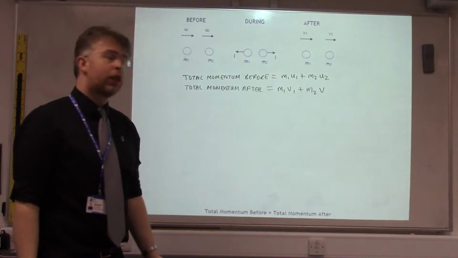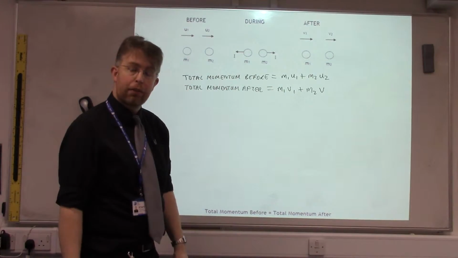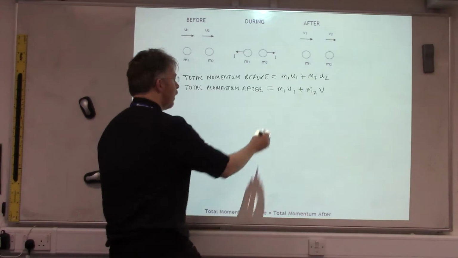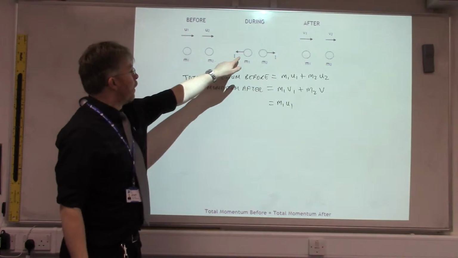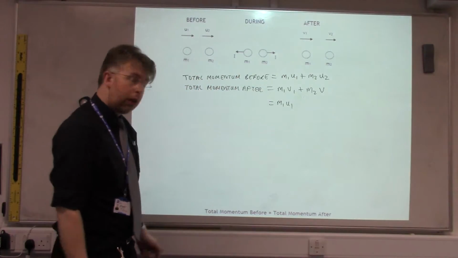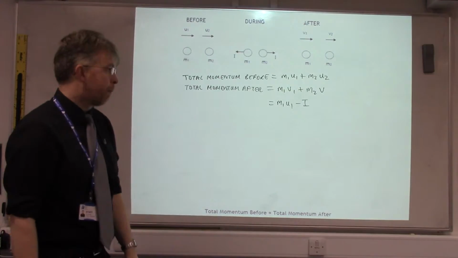Or we can apply the impulses to the respective momentums to see how they change. So in the case of m1 u1, the change of momentum is I to the left, so we would take I to get the new momentum.